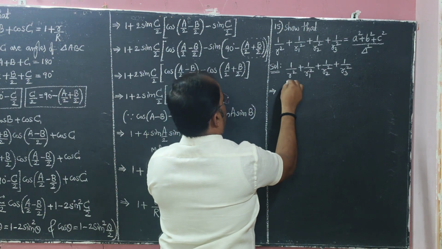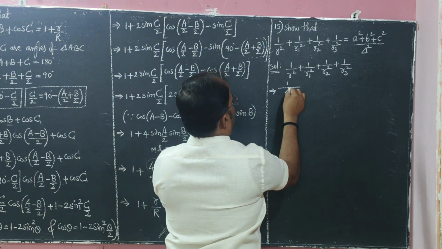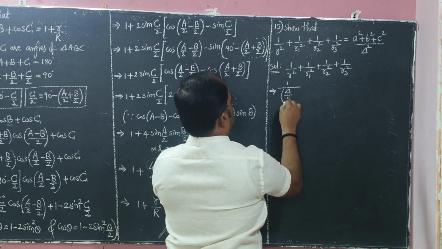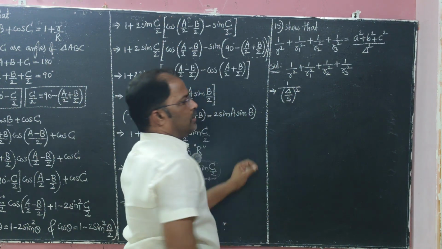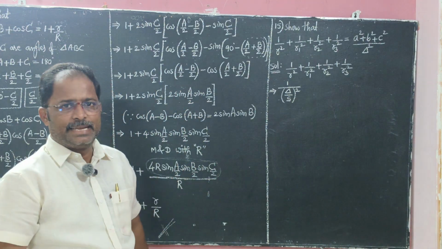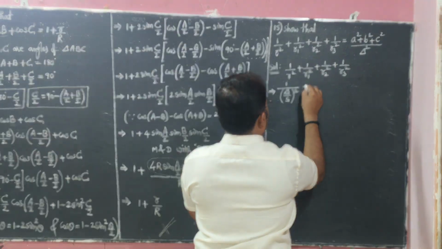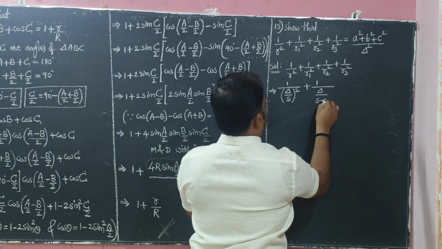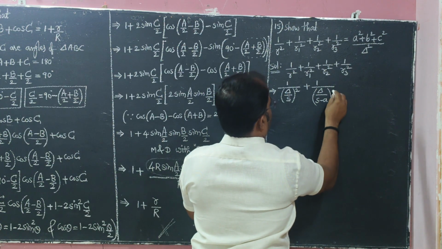Write the r formula. We have the r formula is Δ/s, the whole square. Next, the r1 formula is Δ/(s minus a), the whole square.